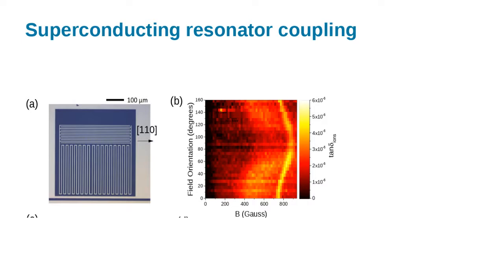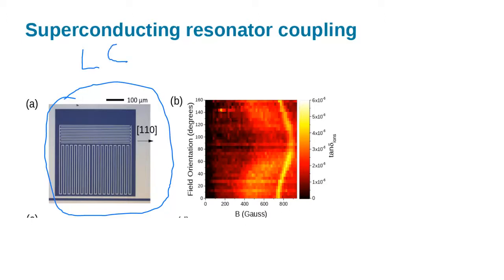So if we've got some really powerful superconducting quantum computers, and these operate in the microwave region, and the quantum states can be coupled to superconducting resonators. So this is an example of a superconducting resonator that I used, and what this is, is an LC circuit. It's an inductor capacitor circuit.